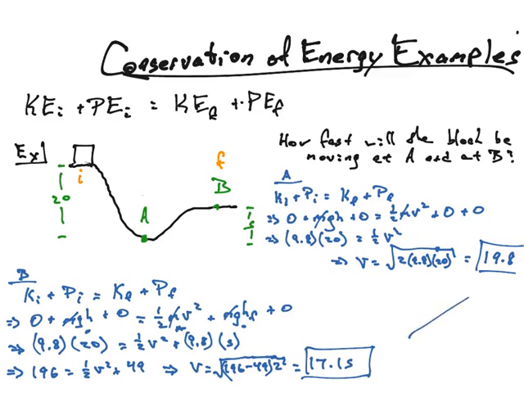Well, look here. The velocity at A was 19.8, so about 20. The velocity at B is only 17. It is less than, so it makes sense. If I would have gotten something like 27 at B, then I could have said, something's wrong here, it's not making sense, let me go back and make sure I did my math correctly. You should always remember that these are supposed to be real-world problems.